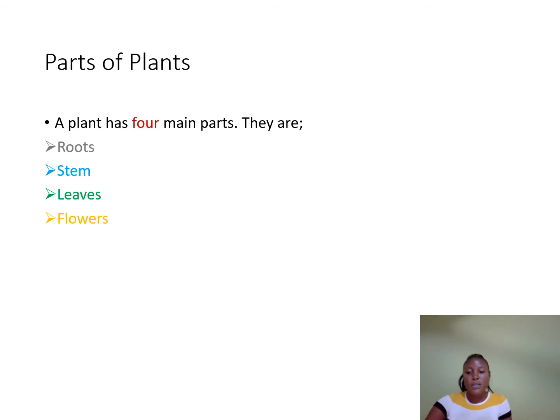Now let's repeat this once again. We have roots, stems, leaves, and then flowers. Good. So I hope now you know the four main parts of a plant. Good. Now let's move on.